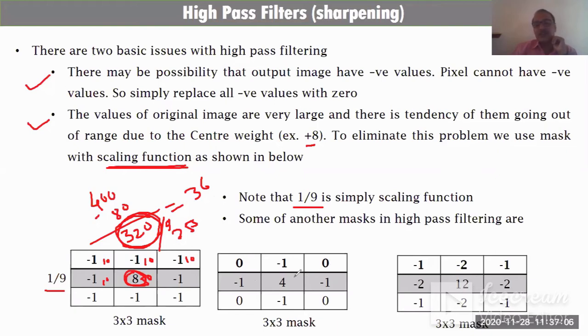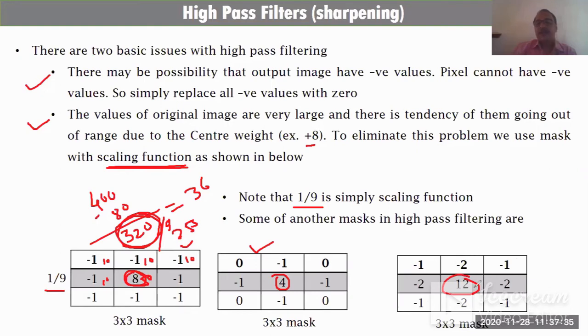Whatever mask we have discussed, consider the value of the center weight. It is 4, and the total sum of the others is also minus 4. So 4 minus 4 will be 0. Or, for example, here the center weight is 12, and the sum of the others is minus 1, minus 2, minus 3, minus 4, minus 6, minus 8, minus 9, minus 10, and minus 12.